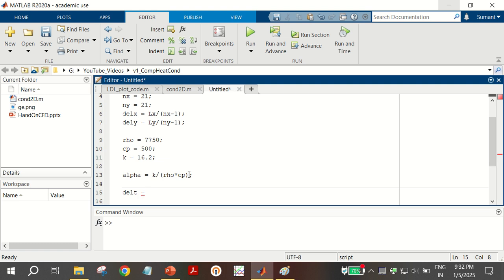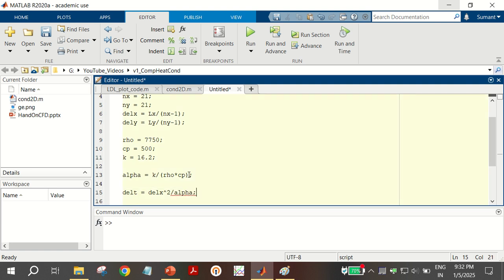The higher the diffusivity, you can sense this physically, the smaller the time step size should be, because there is a faster movement. So diffusivity will come in the denominator, and the lower the grid size, the lower the time step size should also be, because otherwise you will miss the information being transmitted from one grid point to the other.